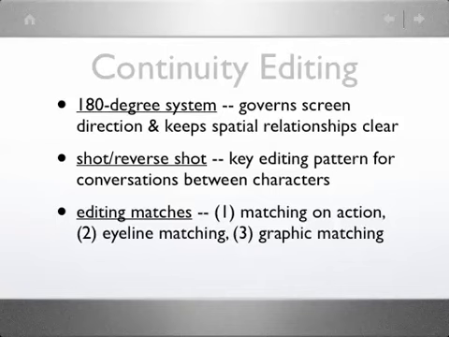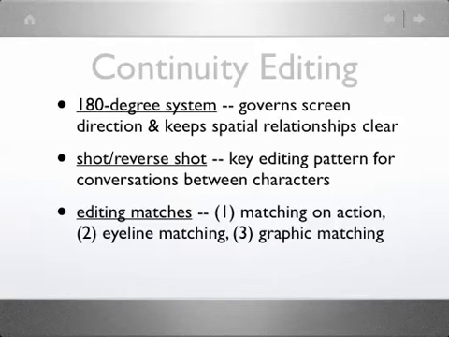at that particular point. And the third type of editing match is the graphic match. The graphic match is a type of editing match in which a graphic element of each of the two shots is matched with one another.